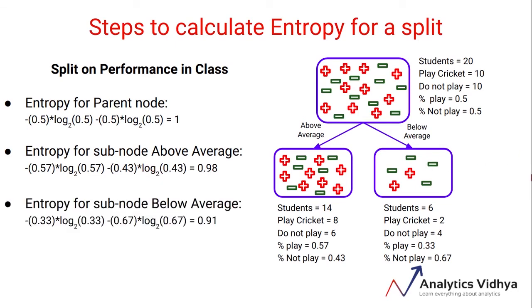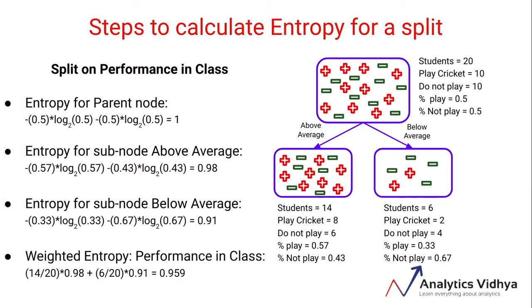The probability of playing is 0.33, of not playing is 0.67, and when we plug those values into the entropy formula, we get 0.91. Finally, the weighted entropy for the split on performance in class will be the sum of weight of that node multiplied by the entropy of that node. For performance in class, entropy will be around 0.959. Pause the video for a second and you can just verify the values as well.